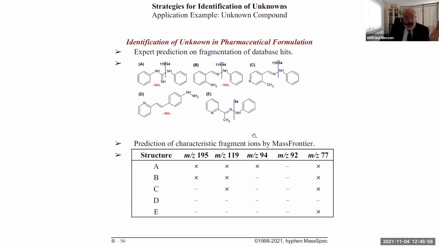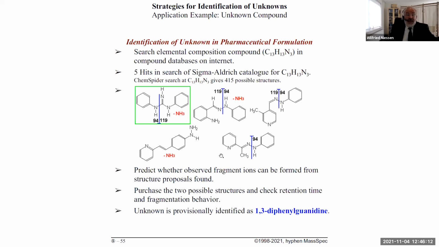So one of the things which you could do is, for instance, use Mass Frontier or some of these other fragmentation ion prediction software to see whether you can actually see these various fragment ions, and then compound number A comes out. But okay, I have 2 where I have explained, so I order both these. I inject them in the LC, check the MSMS spectra, check the retention time, and basically I found out that this is the most likely compound.